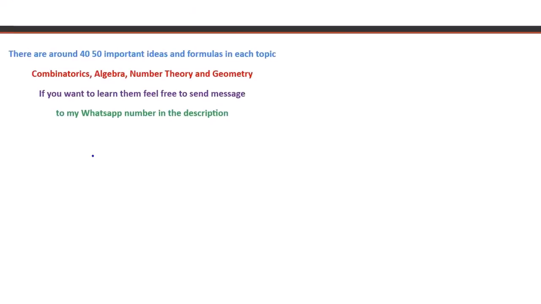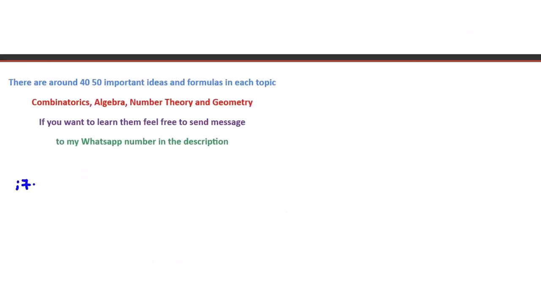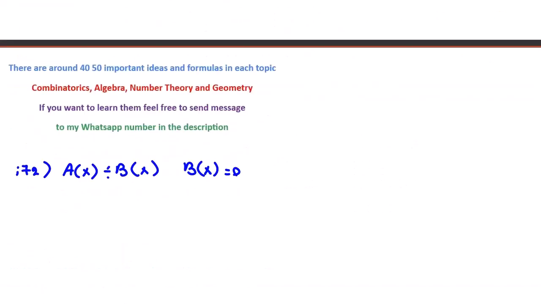And another one is idea 72. When you want to find the remainder when you divide a of x by b of x, the approach is to consider b of x equals 0. And for partial fractions, we have two approaches for finding that. They are so useful in AMC problems. And when you want to divide a of x by b of x and find the remainder, the approach is to consider b of x equals 0.